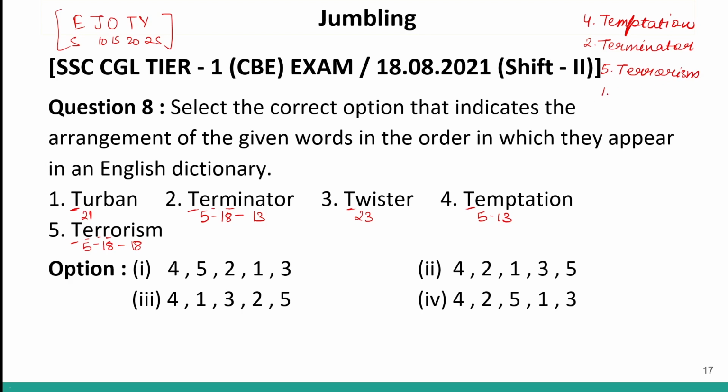Then we'll get turban. And then we'll get twister. So the correct sequence will be 42513, and 42513 is given in option number 4. So option number 4 will be the correct sequence. Clear?